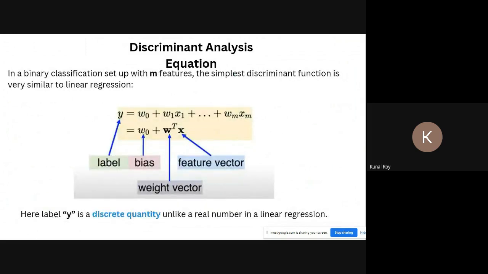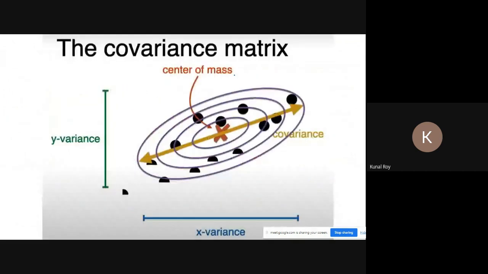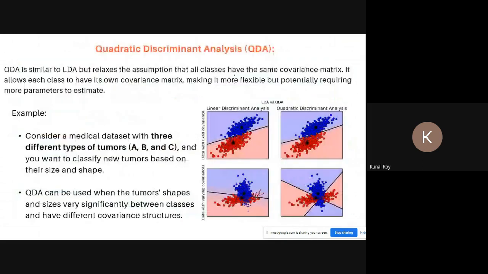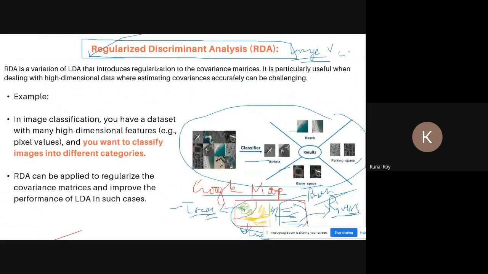What is the discriminant function, how it is used in different parts, and how the covariance is calculated in different parts. I have explained these in detail.